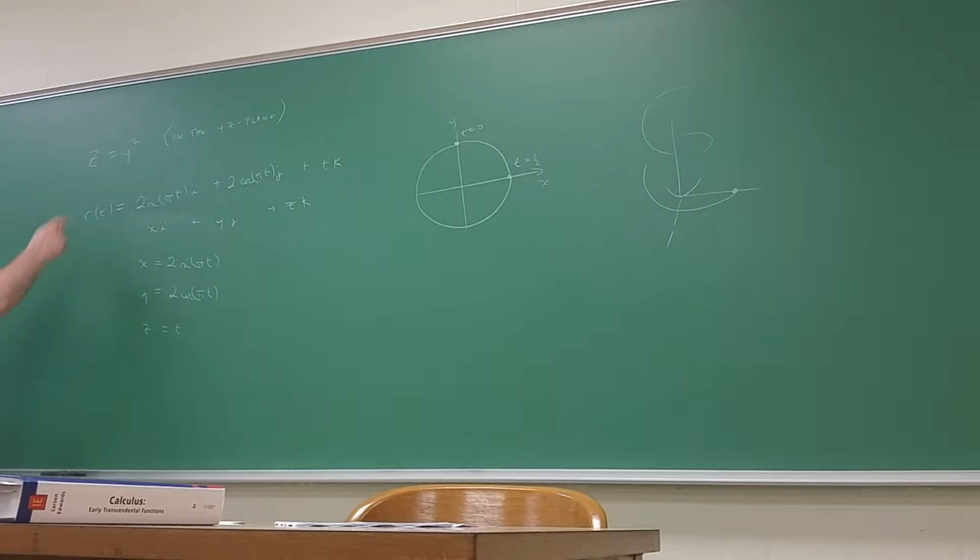So look, we've got z equals y squared. And the helix has a radius of 2. So wherever they intersect, it's going to have to be at a distance 2 from the z-axis.